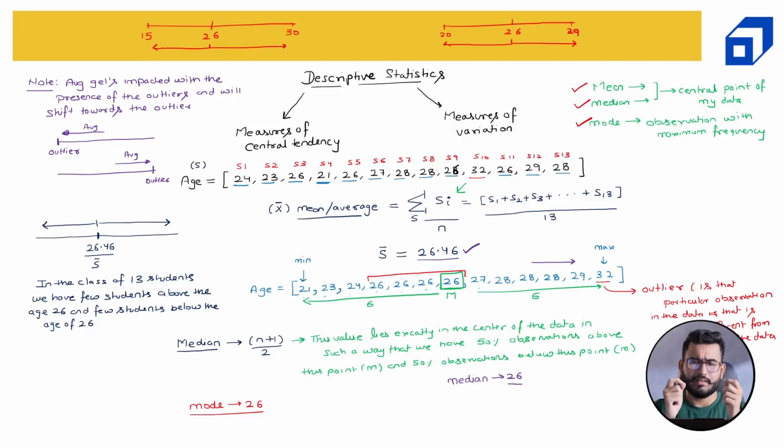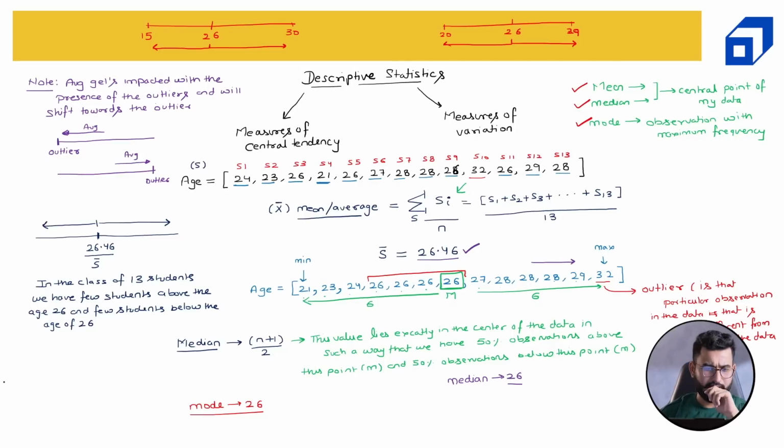Now if you get the standard deviation of, let's say, 5 years, I'm just throwing out a value, I have not calculated it, so I'm giving you this task to calculate. But let's say the standard deviation of this data is 5 years, then that basically means on average the students are 5 years above or below the central point, which is 26.